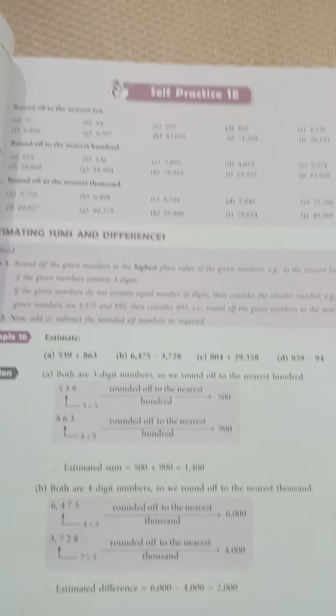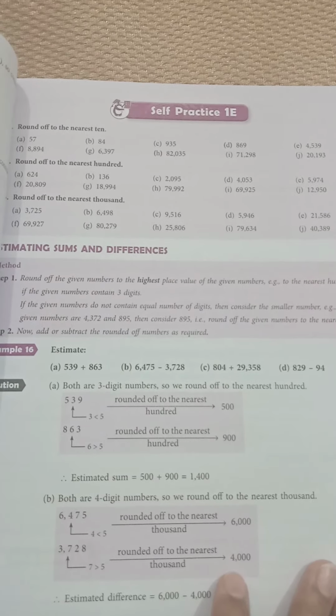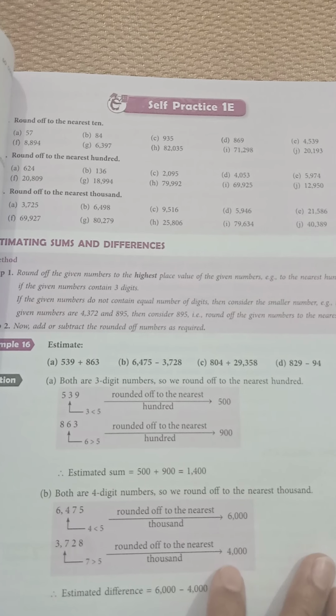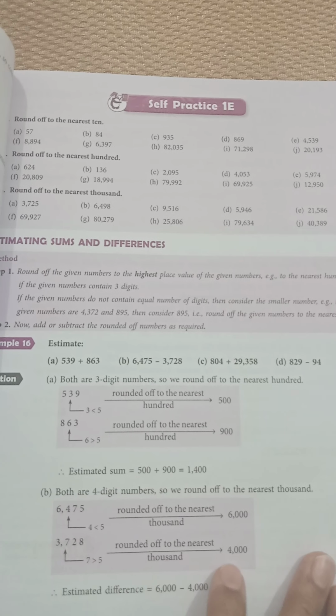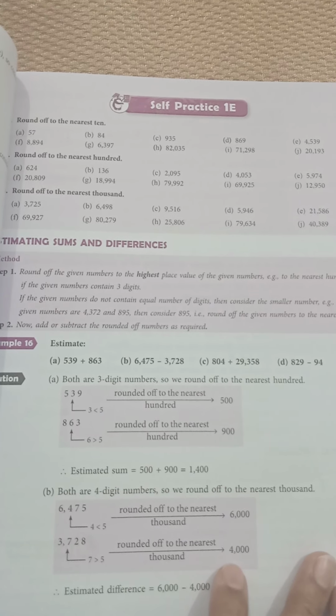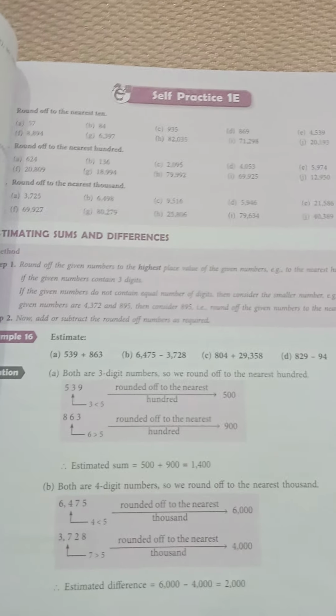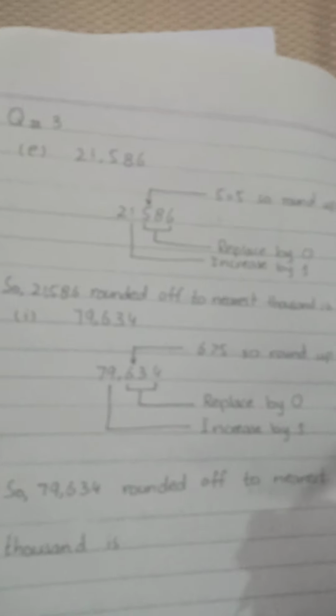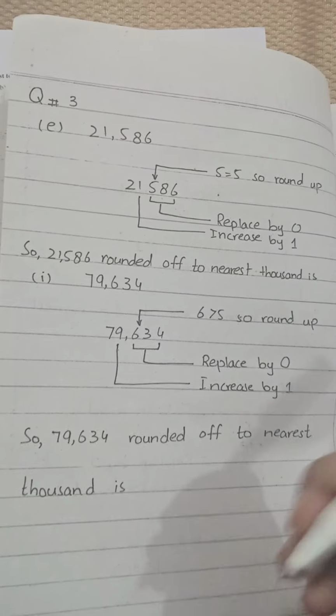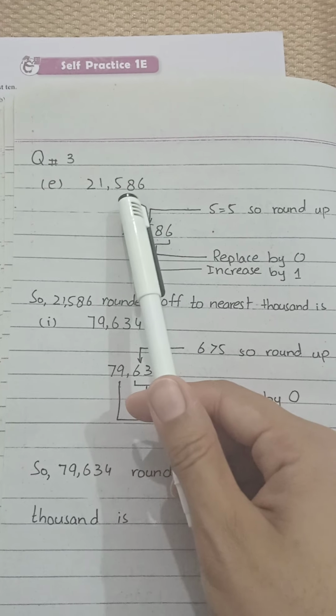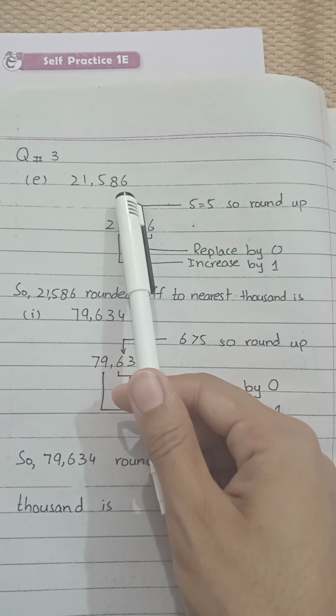Get that? In this way you will solve the remaining parts of question number 2. Next we have to round off to the nearest 1000. I have solved its E part here. Question number 3, E part, it's 21,586.